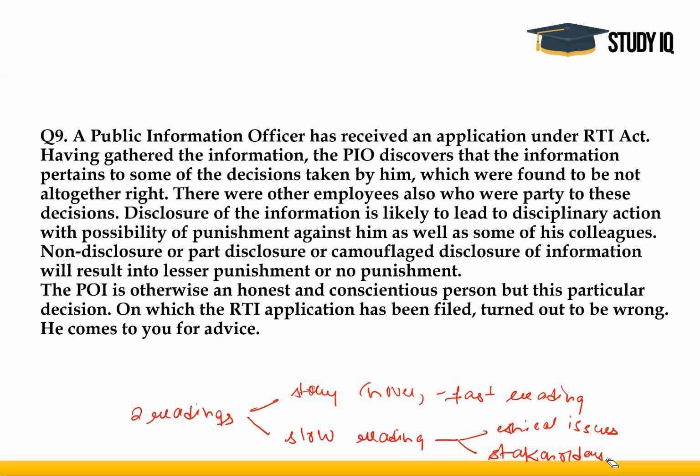If you do this, sometimes the examiner directly asks you in a 10 marker what are the various ethical issues involved, or what are the various stakeholders involved, or what are the various vested interests which you can see from the above case study. So once you have done that reading, you can directly shift to writing the answer, and the 2 or 3 minutes which you will spend in giving two readings will be effectively saved when you are writing the answer, and the quality will also reflect accordingly.